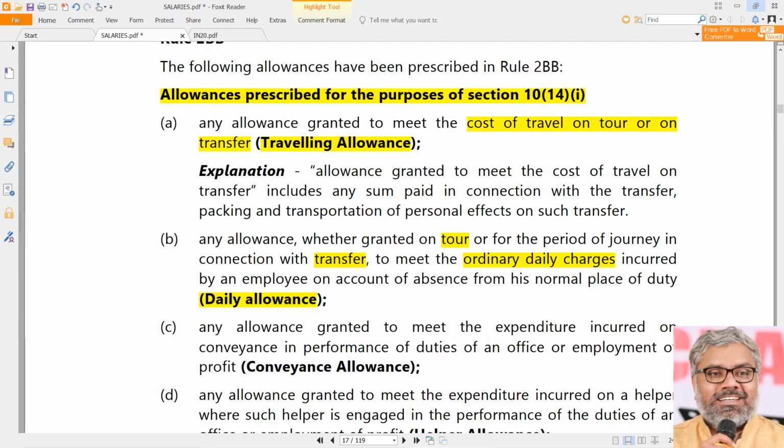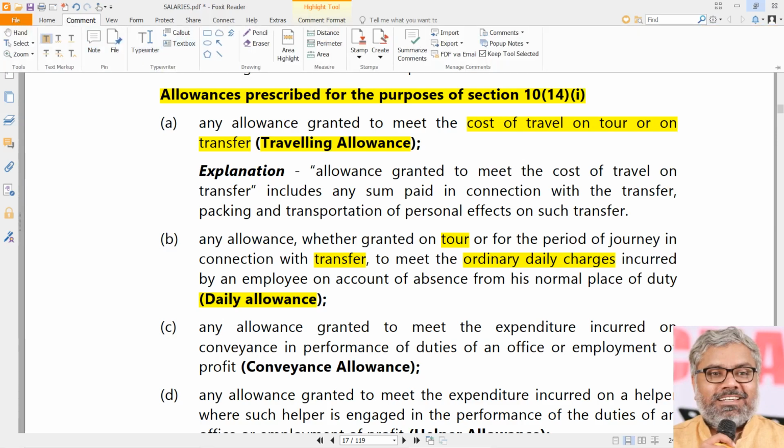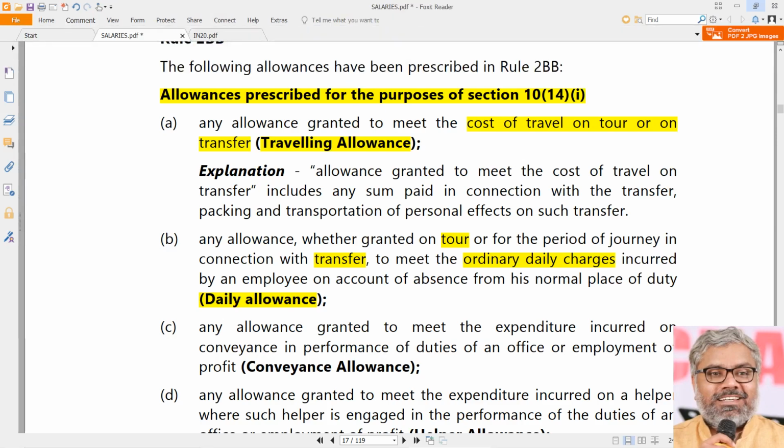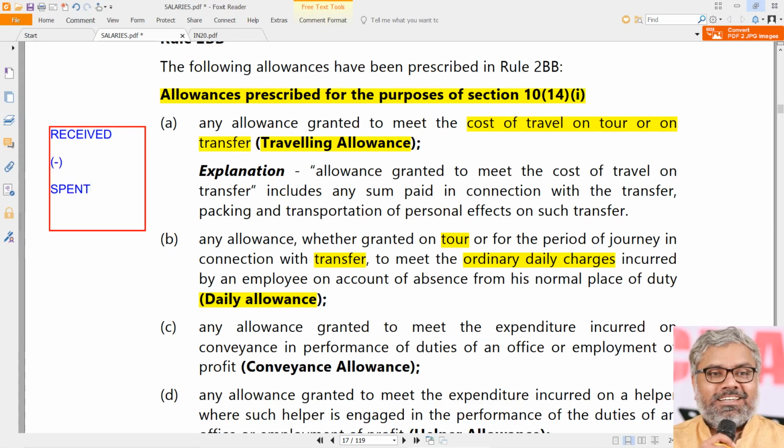So the point here is, we need to check how much is the amount that is received and how much is the amount that is spent. In all cases, how much is taxable is the remaining: amount received minus amount spent. That becomes taxable.